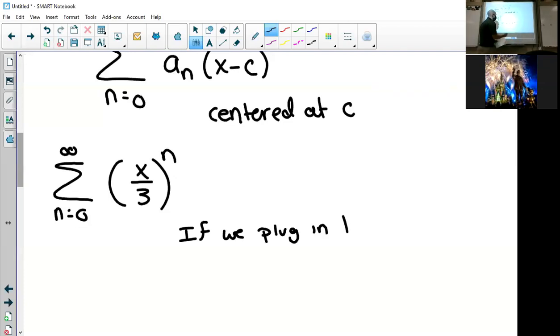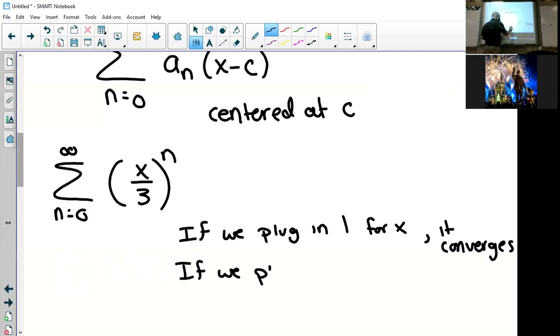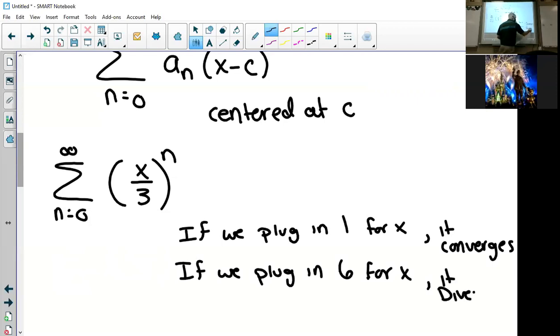If you plug in 1 for x, it's going to converge, by the geometric series test. If we plug in 6 for x, it's going to diverge. So for different values that you plug in for x, it could converge or diverge.